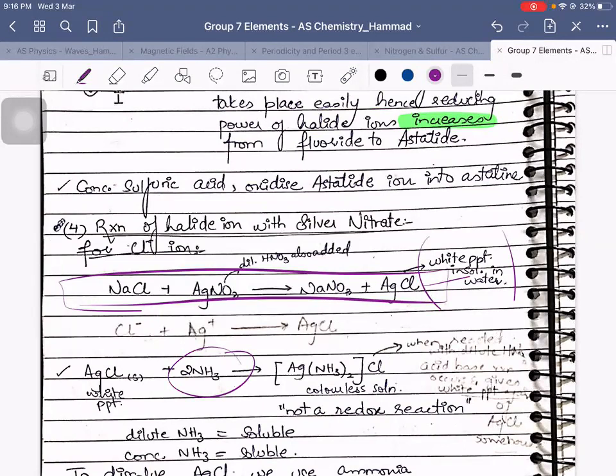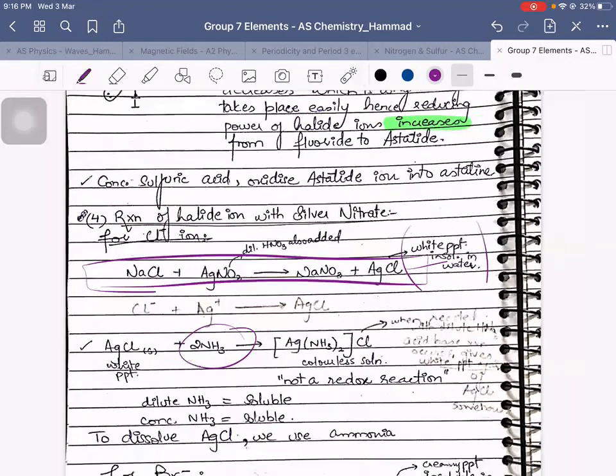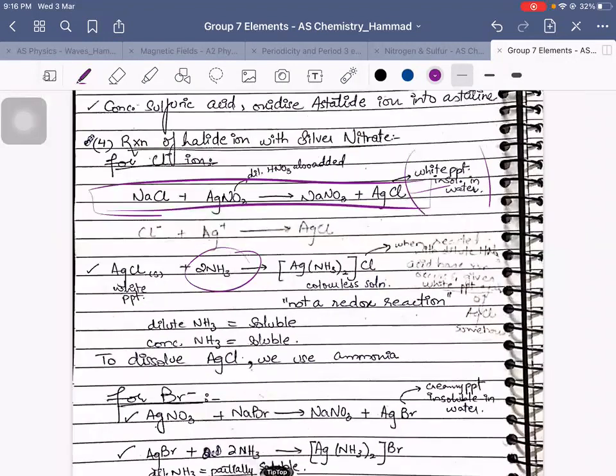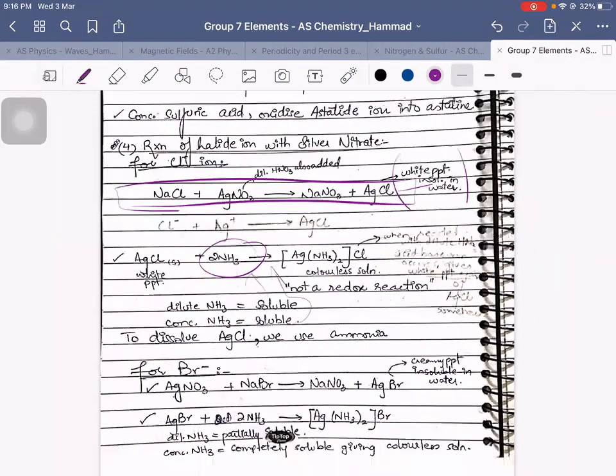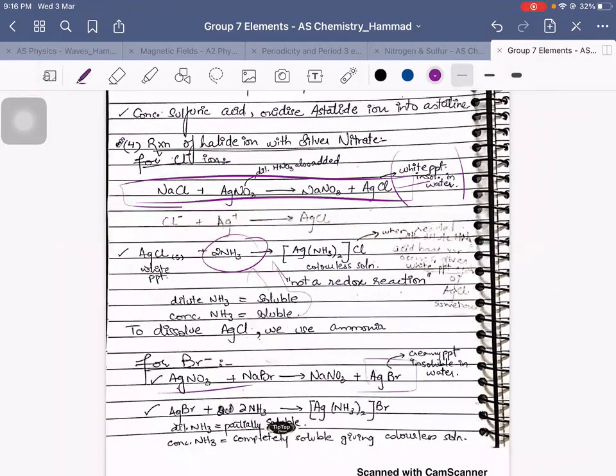These were cation and anionic reactions that you used to learn for AS and O levels. With dilute NH3, it is soluble. With concentrated NH3, it is still soluble. For bromide, you need to understand that there is a creamy precipitate.